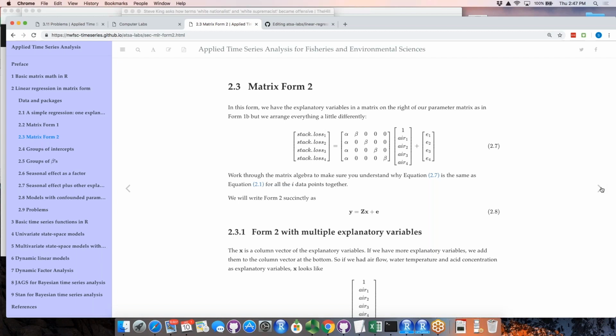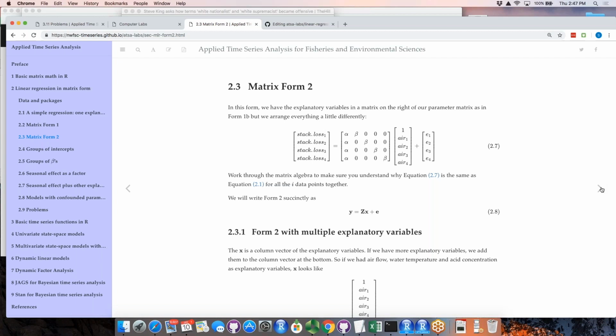So let's see how this is still that first linear regression model. Stack loss 1 is equal to, let's multiply it like that. We have our intercept times error 1 times beta, and the rest of them zero out. So stack loss 1 is alpha plus beta times error 1.